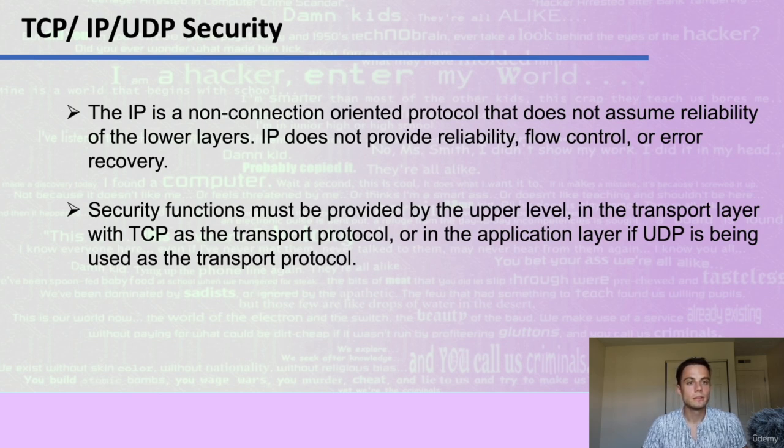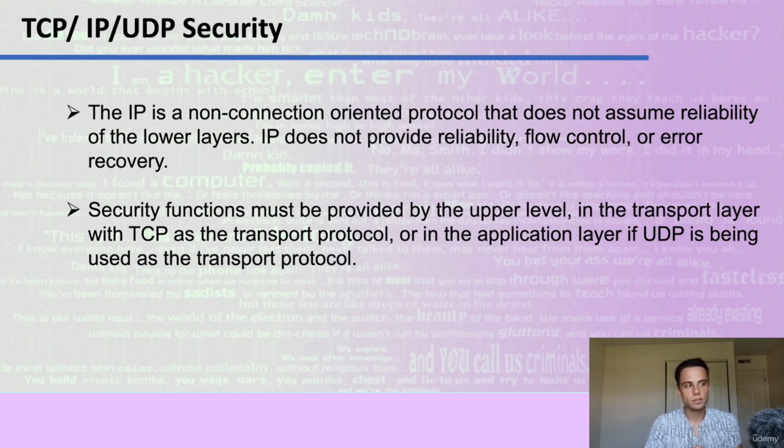The protocol responsible for reliability and error recovery is the TCP protocol or the UDP protocol. Both of them are used in the transport layer. When you want to send some data over the network, this is called sending an IP datagram. This basic unit, the datagram, is transmitted from one site through the TCP/IP network to another site.